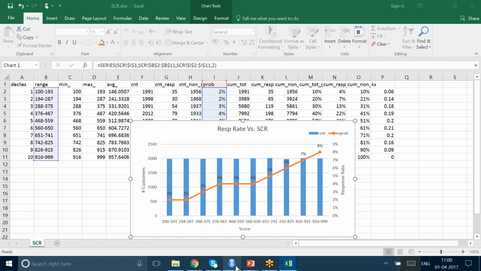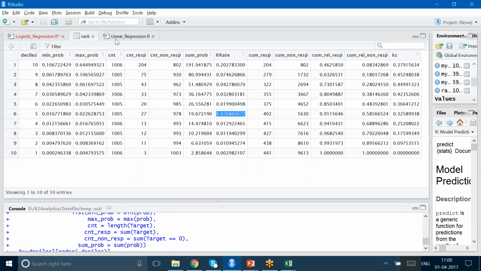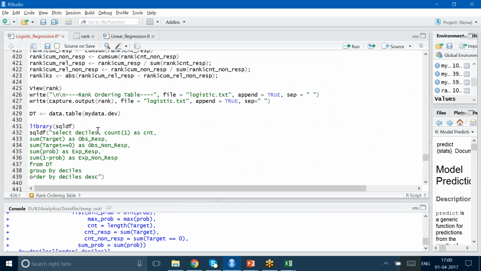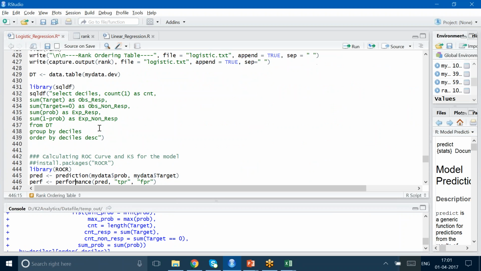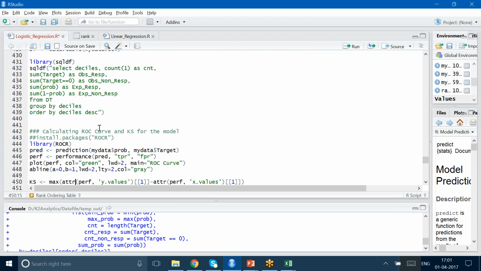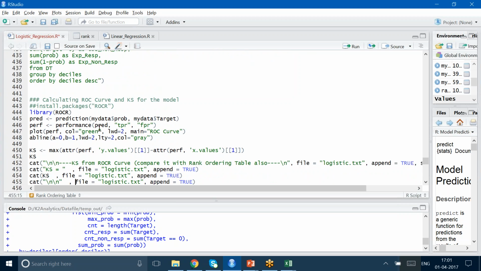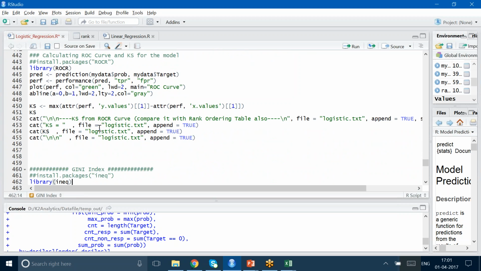Okay, so for the time being, I'll assume my rank ordering is okay. I'll assume my chi-square is okay. So what all statistics that we have understood is basically rank ordering, case statistics.